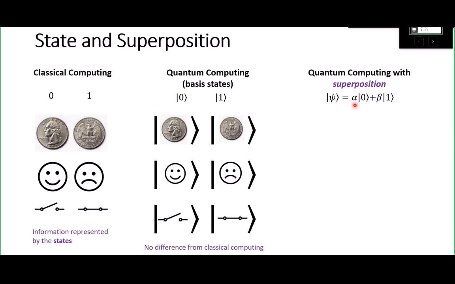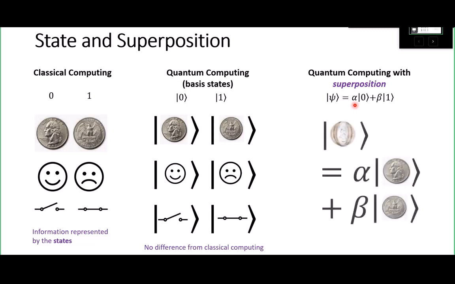And you have a coefficient in front of each. These are just numbers. So if that is the case, we can even understand it like this. What is the state of a spinning coin on the table? Well, you don't know whether it's head or tail. I would say it is a linear combination of head and tail. But of course, this is not quantum mechanics. It's just an analogy, okay?